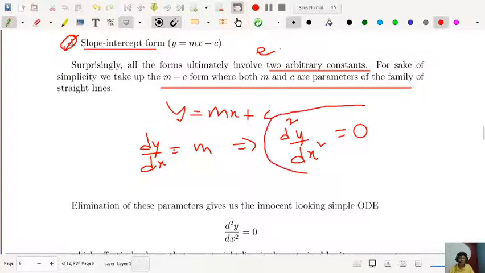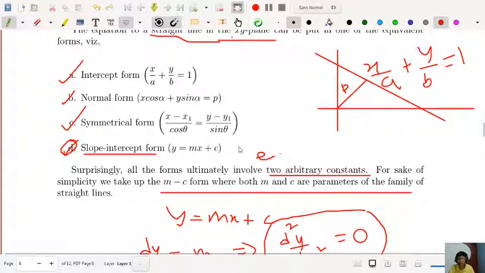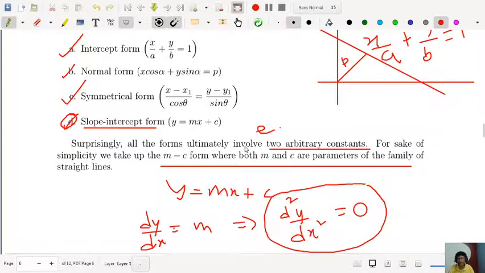So that is the differential equation of the family of straight lines of the slope intercept form. Actually, how many straight lines are there if you write y equal to mx plus c? Infinite, because if you change the values of m and c, there will be an infinite number of straight lines.